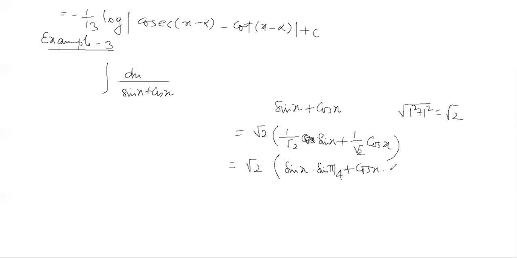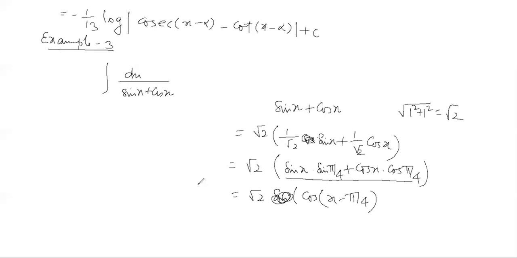Here cos of x into cos of pi by 4. All right, very good. So root 2 into, sorry, this is equal to cos of x minus pi by 4. All right, this is the formula of cos of a minus b. Cos of a minus b equals cos of a into cos of b plus sine of a into sine of b, right?